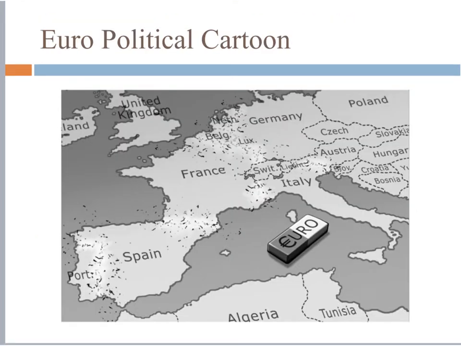Look at this political cartoon. This political cartoon shows us a little bit of how the euro has affected Europe. Now, as we look at this cartoon, notice the eraser that has the euro symbol on it. The eraser has erased the border between Spain and France, between Spain and Portugal, between Belgium, Luxembourg, France, and Germany.